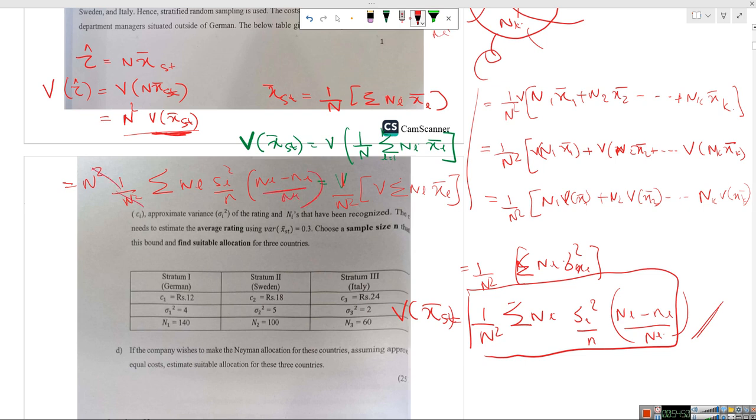Now this and this will go, so we end up with summation Ni Si squared divided by ni times Ni minus ni. Now b can be written as two variance of tau hat. So this is what we wanted to show and we have done, right?